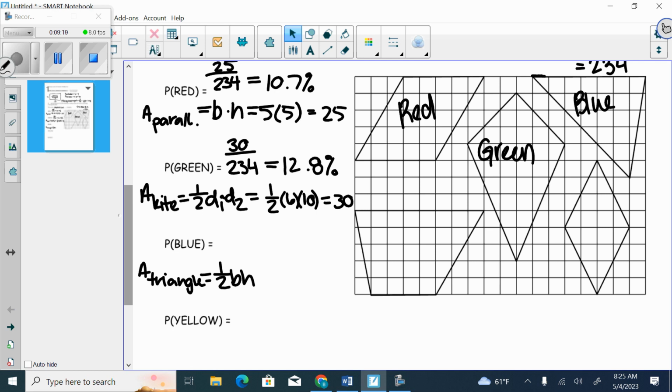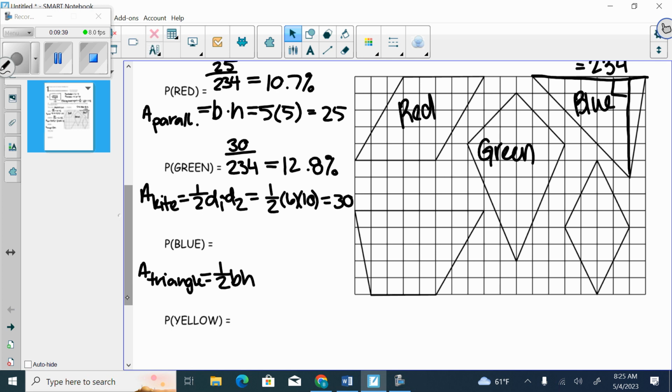This line runs horizontally, right? So I could use that as my base. What's the length of the base there? 7. And this line is clearly perpendicular to it because it runs vertically, right? So I could say there's a 90-degree angle here. So what would the height be? 6.